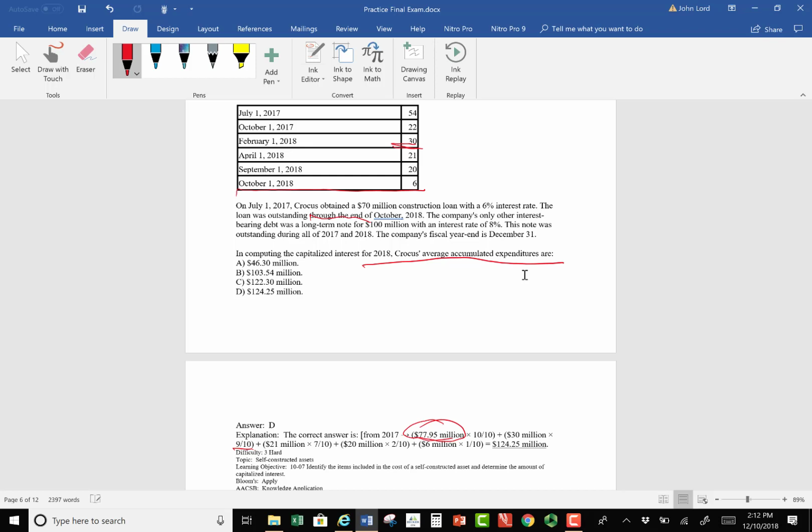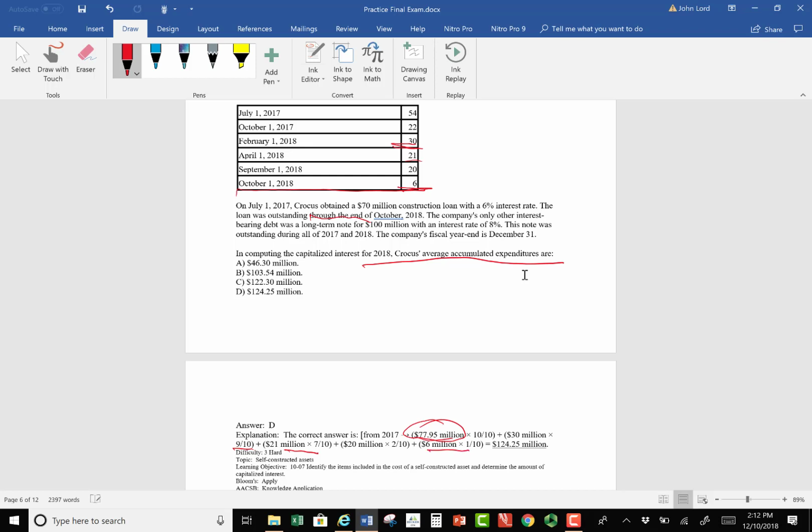That's 9/10. And then 7/10 because what? We had that first amount in April, all of May, all of June, all of July, all of August, all of September, all of October, 7 months. Okay, so that was outstanding for 7 months. And then the amount that was spent on October 1st was outstanding for what?